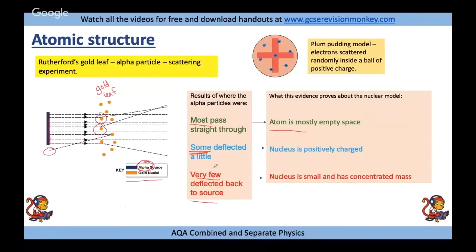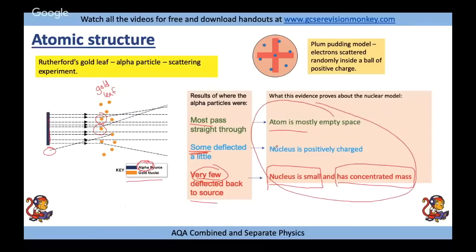And then just a few that were fired straight at the nuclei rebounded back, which tells us that the nucleus is very small. It's tiny, and it has a concentrated mass. So this is how we describe the nuclear model. Mostly empty space, positively charged nucleus. The nucleus is small and has concentrated mass.